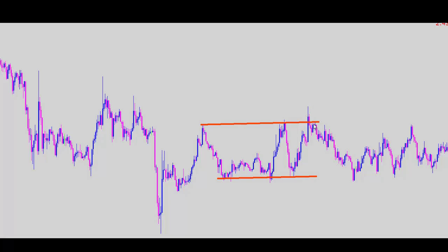So what I want to say here is that support and resistance levels and lines do play a major part on the chart when you trade. If you want more accuracy in your trading plan or your trading strategy, you really want to include support and resistance lines and levels in your trading.